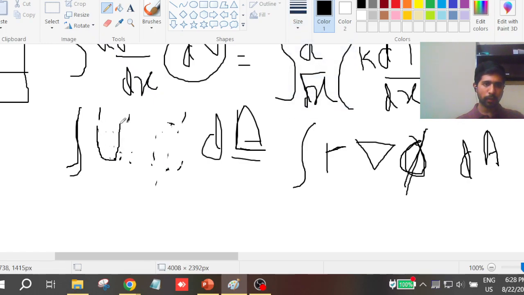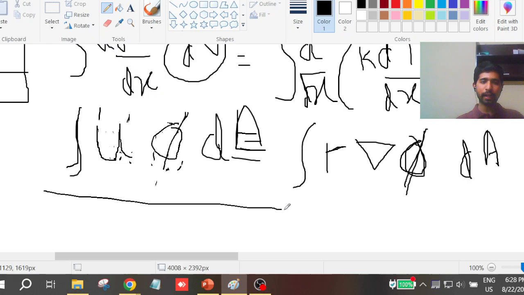This is just nothing but u and phi. See, this is what you typically see, the convection diffusion equation in the integral form. This is in the integral form, and this is what we use for finite volume discretization. Any queries till this part?